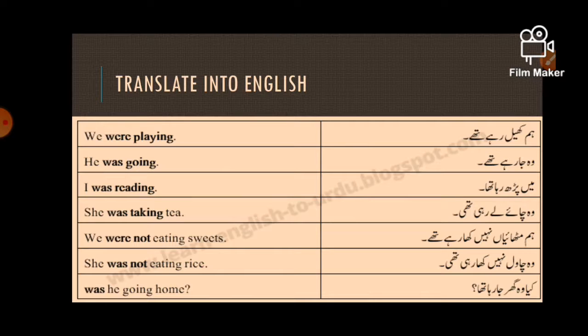Like in present continuous, we write subject plus is, am, are plus V1 ing, that is the present participle. She is going. In past continuous, we say she was going, and in future continuous, we use she will be going. So the auxiliary verb will be changed, whereas the present participle will remain the same.